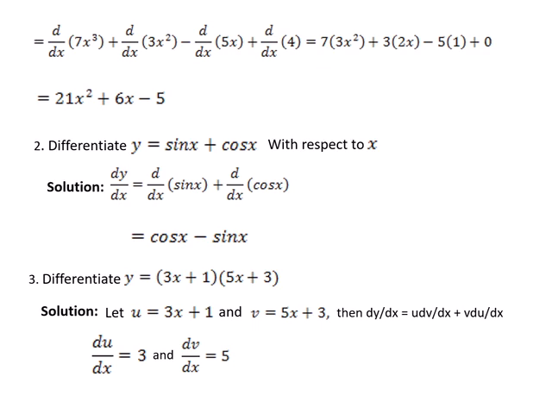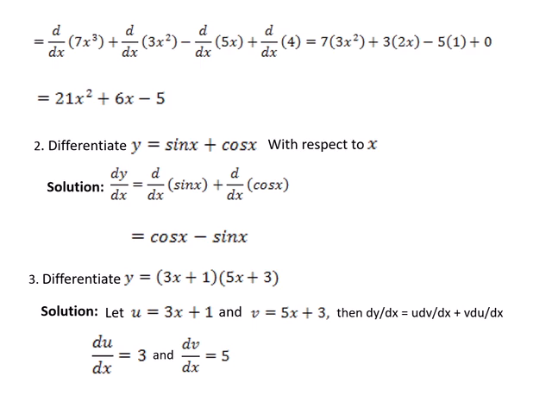Now, we first of all differentiate u, that is du/dx, and we also differentiate v as dv/dx. If we differentiate 3x plus 1, we are going to have 3. That is where we have du/dx equal to 3. And we want to differentiate dv/dx, where our v is equal to 5x plus 3.